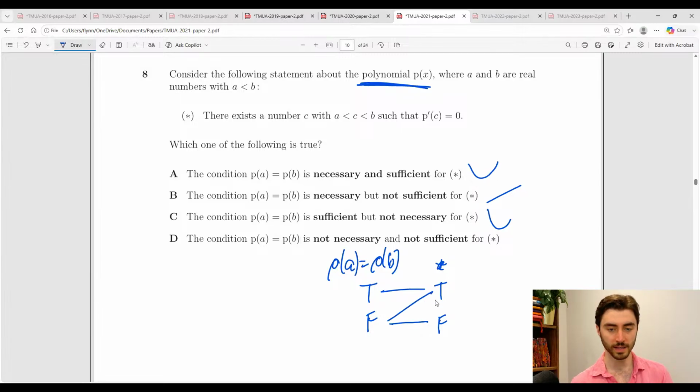So that exists. I am not convinced that true to false exists. I think for it to be a polynomial, with any two values being the same, the only way that can work is if it turned around and came back, or it could have been flat, in which case the gradient is always 0. So I think true to false does not exist, and I think it is a sufficient but not necessary condition based on that mapping.